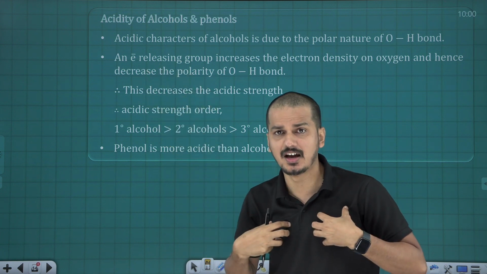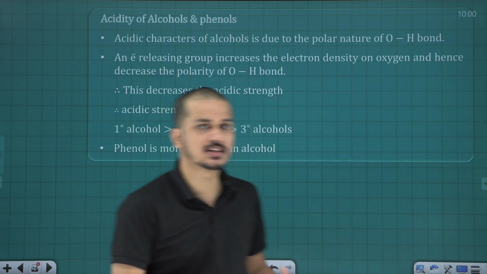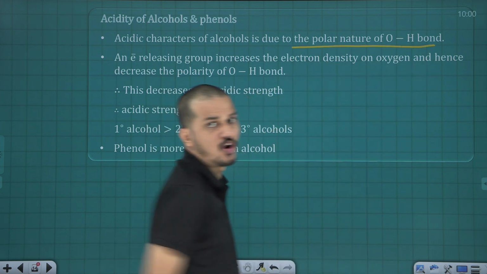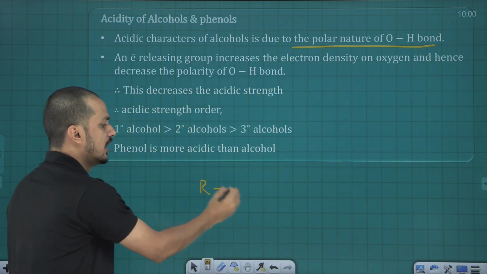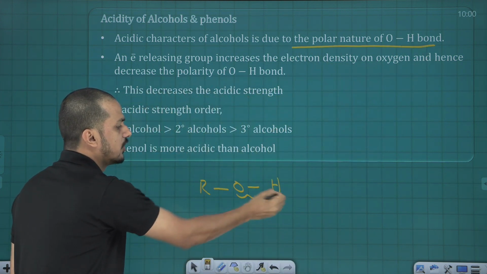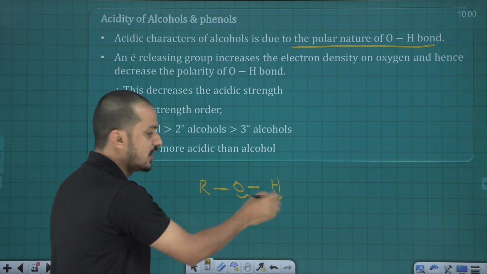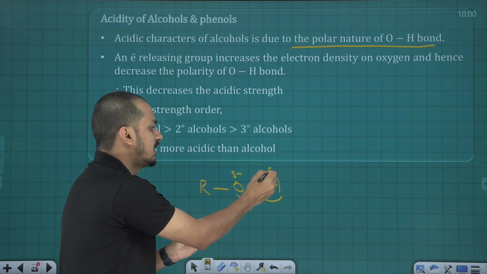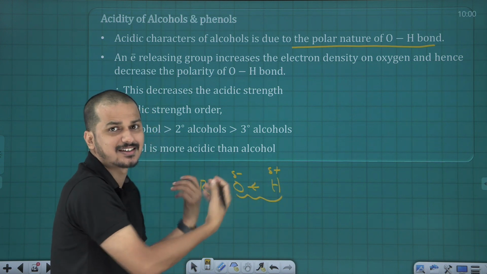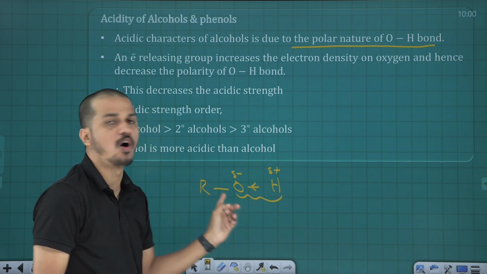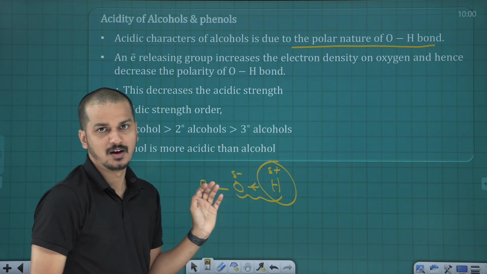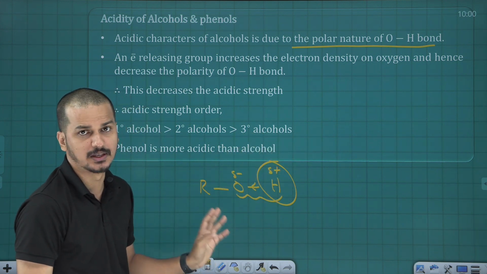We know the idea. The acidic character of alcohols as well as phenols is mainly due to the polar nature of the OH bond. In your alcohol, that OH bond is polar because oxygen is electronegative. It gets a delta negative, and the hydrogen gets a delta positive as oxygen attracts the electron. If this becomes more polar, this H can be easily removed.